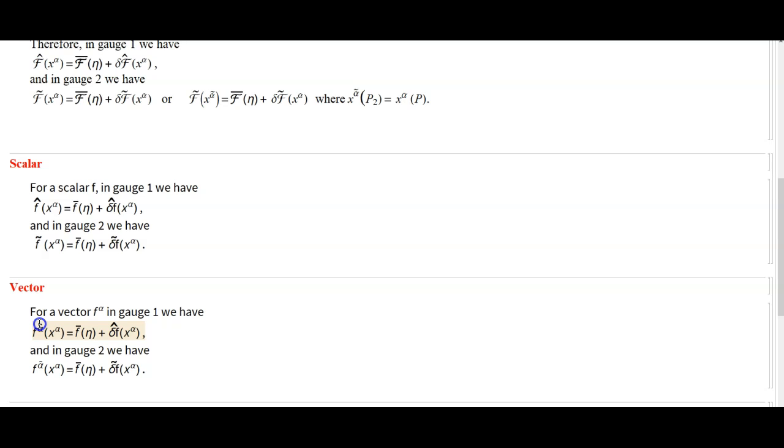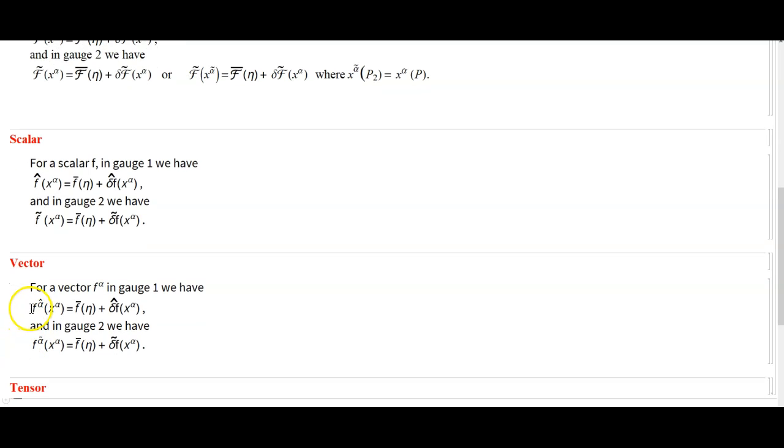I decide to decorate the coordinate with the caret and not f. You can follow either notation. So if I have a vector f alpha in gauge 1, I will write the equation like this. And if I have a vector f alpha in gauge 2, then the equation will be written like this.